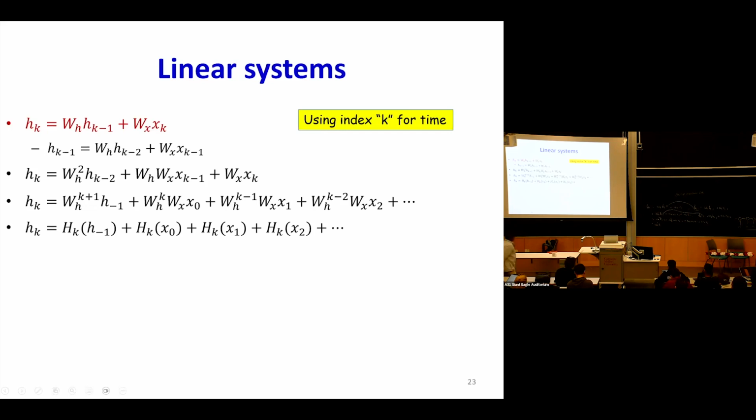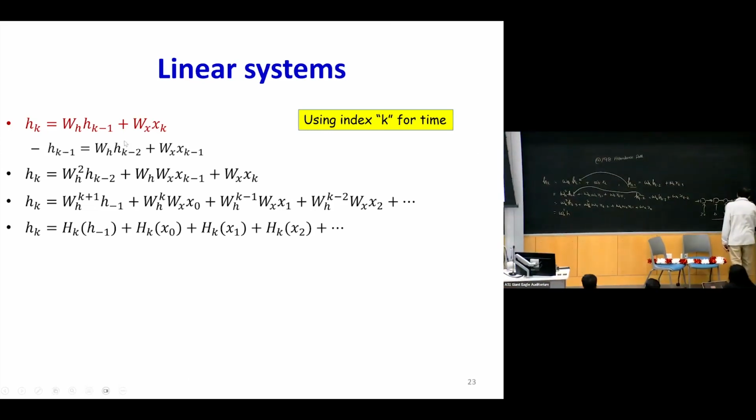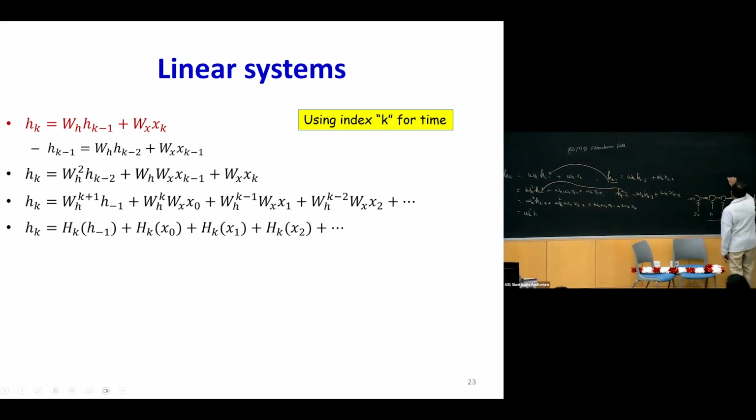So h_k of x_0 is the response if only this input were active and the rest are 0. h_k of x_1 is the response if only this one is active and everything from x_0 and the rest are 0. h_k of x_2 is the response if only this one were active and all the rest were 0. Is the notation making sense?